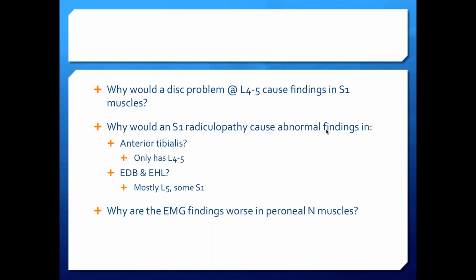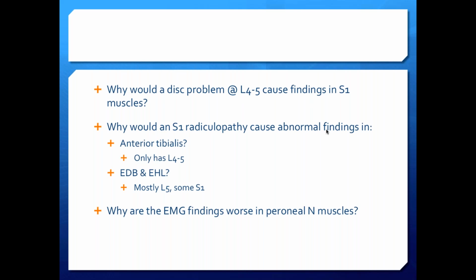But we also did mention, if you had an S1 radiculopathy, that really wouldn't cause the findings in the anterior tibialis at all. Anterior tibialis only has L4 and L5. So an S1 radiculopathy wouldn't cause any findings in the anterior tibialis.